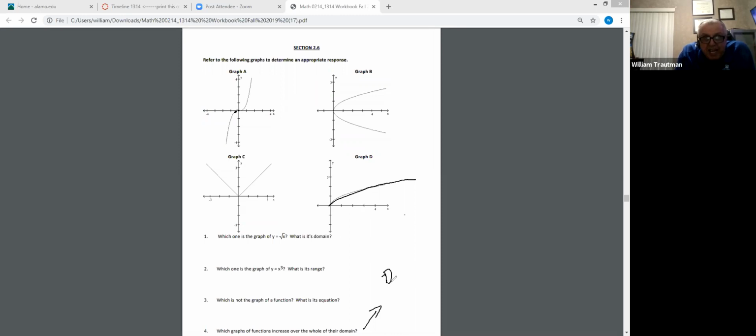So A and D are the answers for number 4. Which graphs are increasing the entire time, from left to right? A and D. All right.